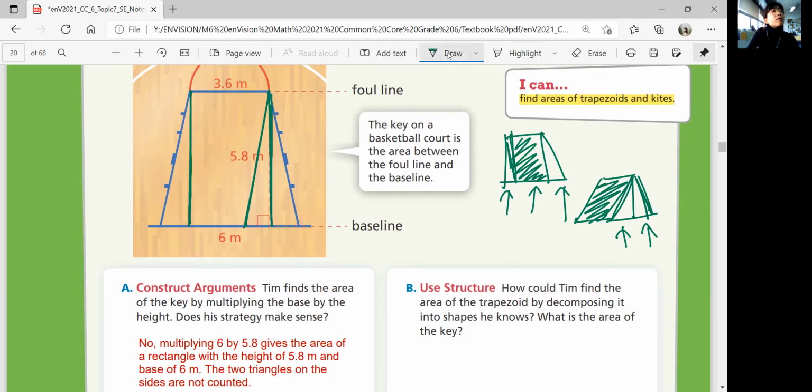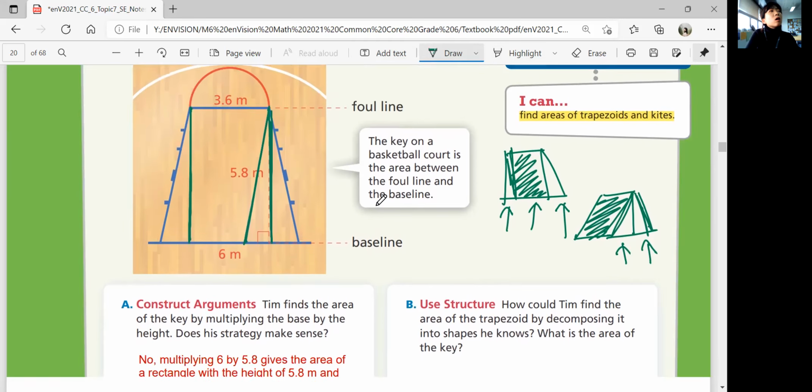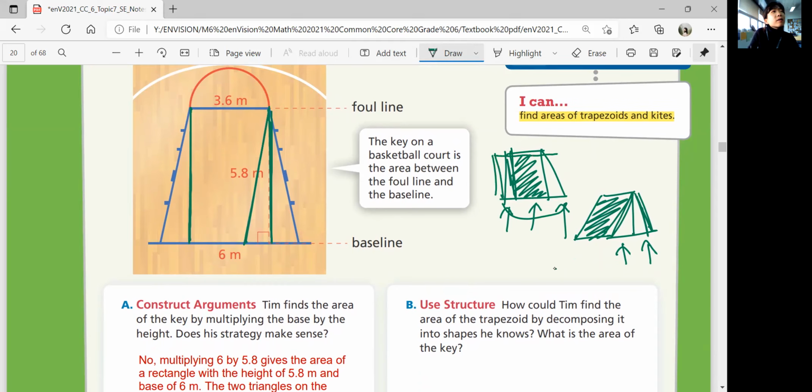If this whole thing is, the base is 6, right? Base is 6 and the height is 5. Oh, so he added the area of the triangle. He added this whole thing, but he doesn't want these two triangles.